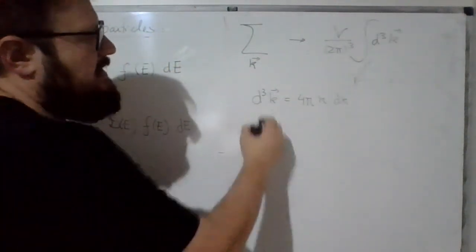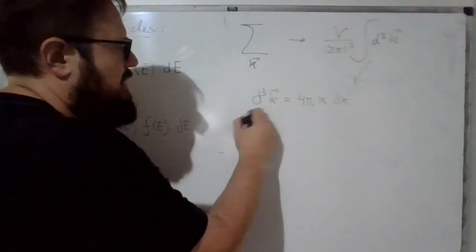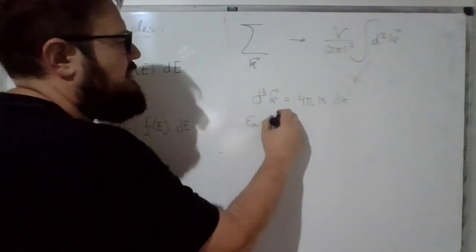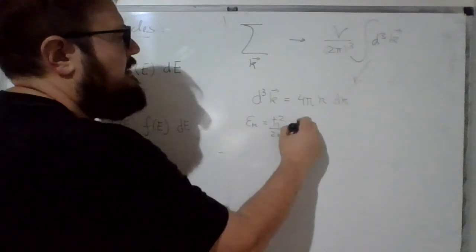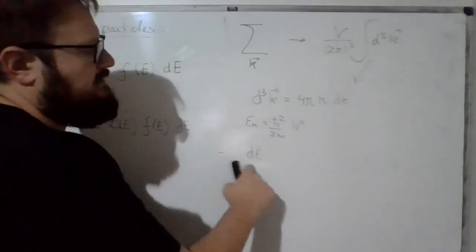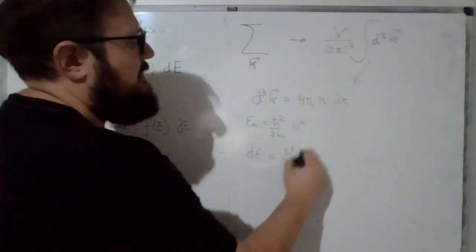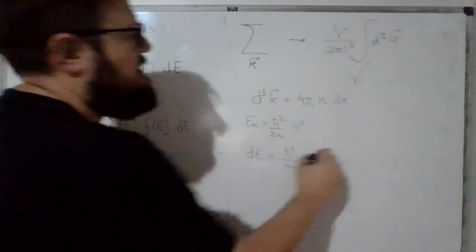And this k dk, for a parabolic relation, if you remember, E_k is equal to h bar squared over 2m k squared. The differential over energy corresponds to h bar squared over m k dk.